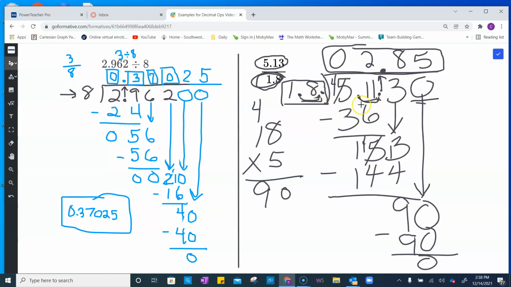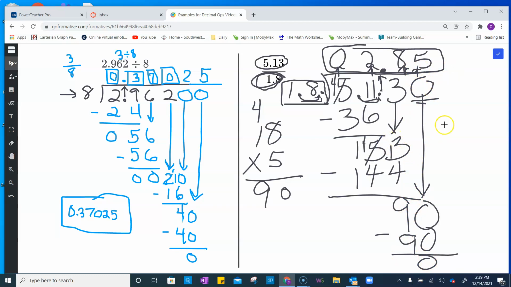Once you have the decimals moved, you take your new location under the house, you put it up top on the house. Now you pretend there's no decimals. You do your long division steps as they're shown here. Every number on the house gets a digit above it. And when you're done, you know you're done when you get no remainder or a repeating pattern, then you're set.